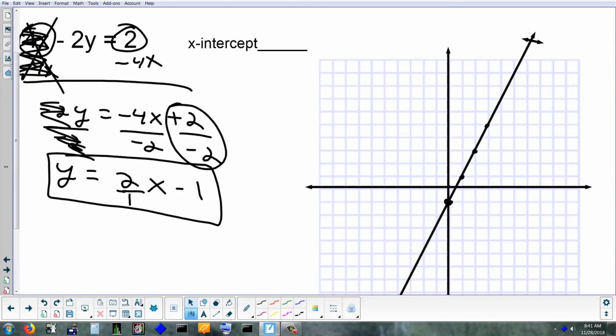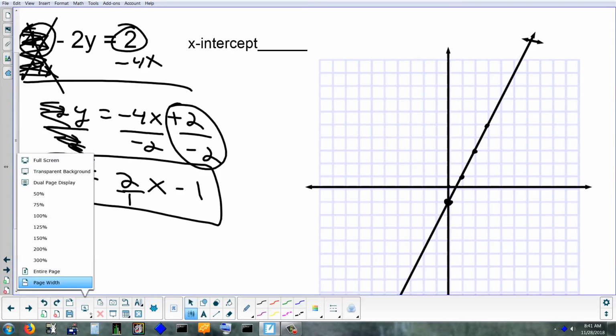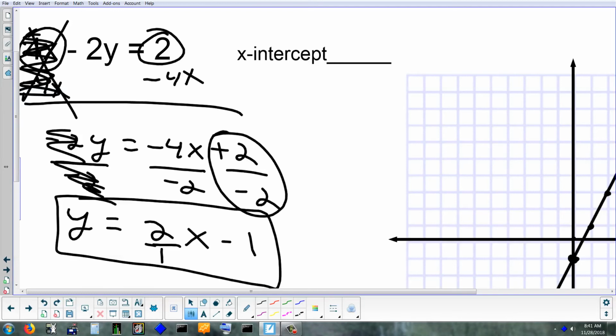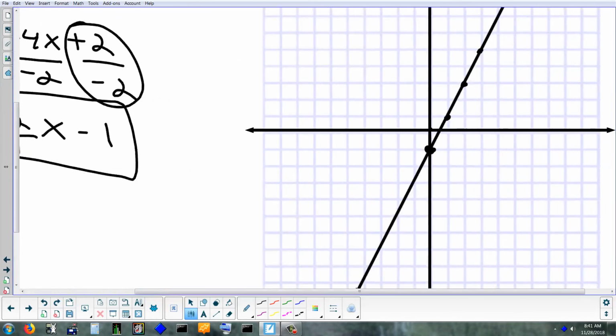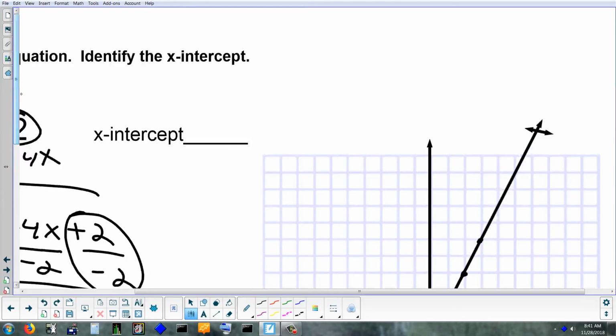It's going to be pretty simple to figure out. So it's either going to cross at a nice number or at a half. Where does it look like this one crosses, at a nice number or in between two numbers? It's in between. So where does it cross here? A half. Yep. So your x-intercept is 0.5 or 1/2.